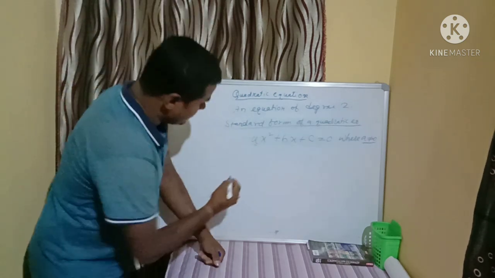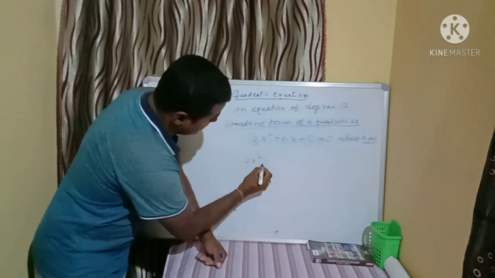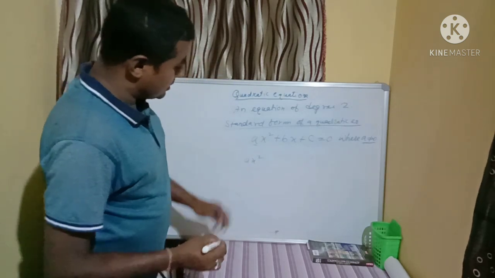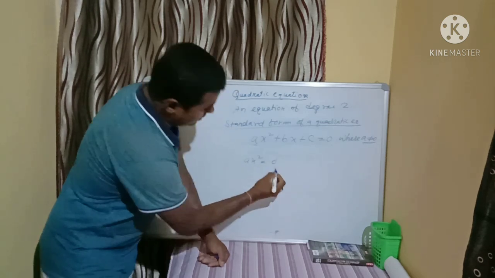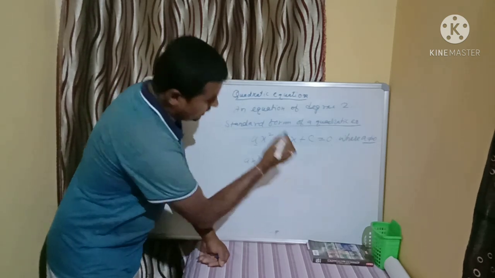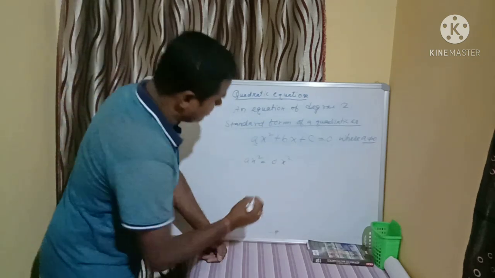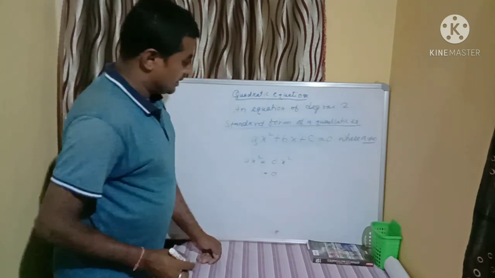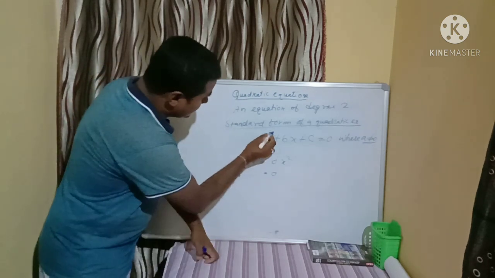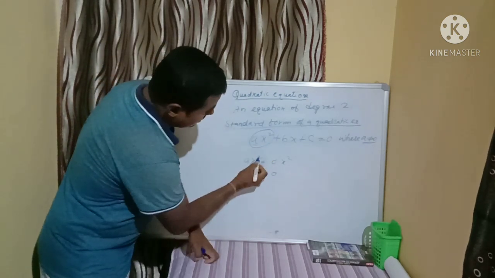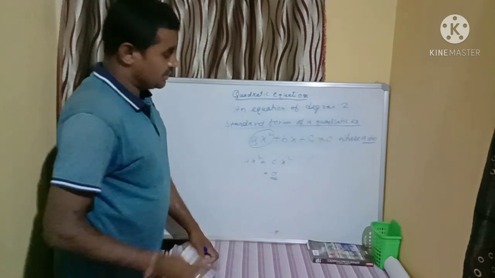In the term ax square, let's say a is 0. Then in place of a we write 0, and 0 into x square becomes 0. That means when a equals 0, the whole ax square term becomes 0.